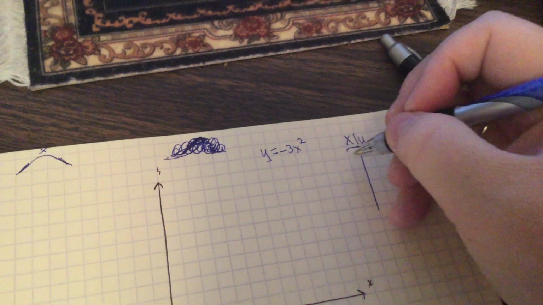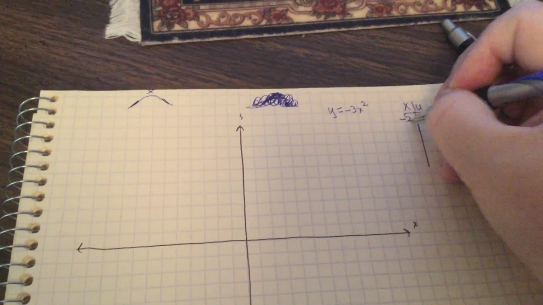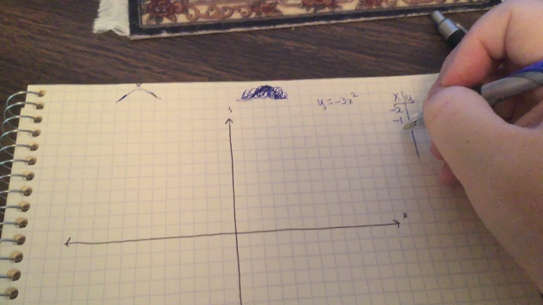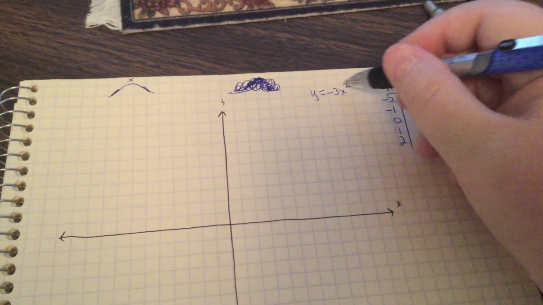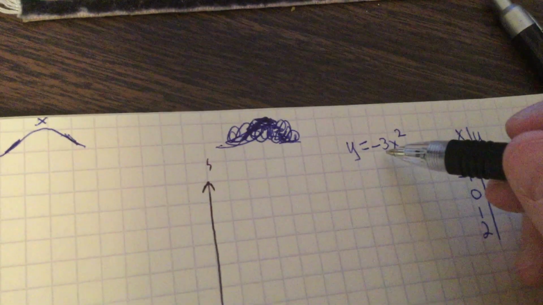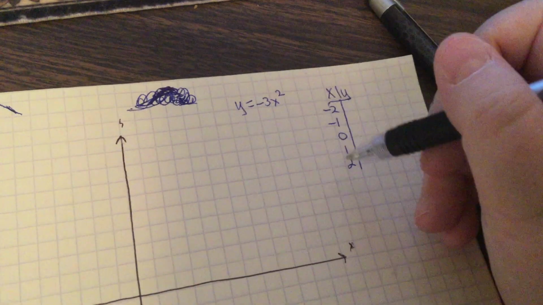So I am going to use some negative numbers. I like to use -2, -1, 0, 1, and 2. And I have to look, okay, is the coefficient there a fraction? No, it's a whole number. If it was a fraction, I would choose different values for x. And I feel like that's really small. Can you guys see that, hopefully?